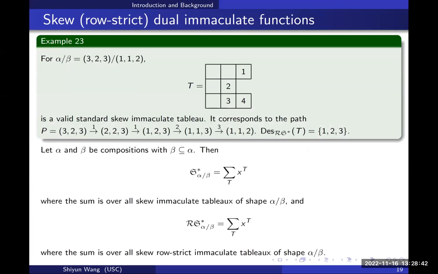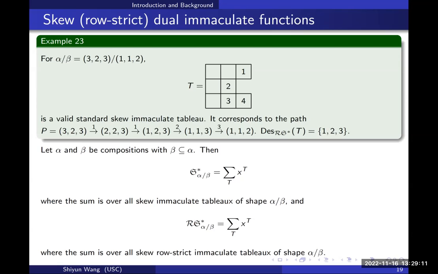And here is a more detailed example. Say we have a composition 3, 2, 3, and we have alpha minus beta equals 3, 2, 3 minus 1, 1, 2, then those numbers will give us a term in the skew immaculate function.